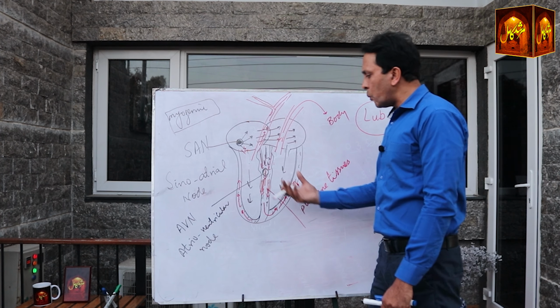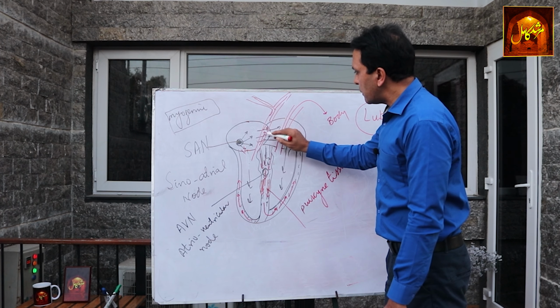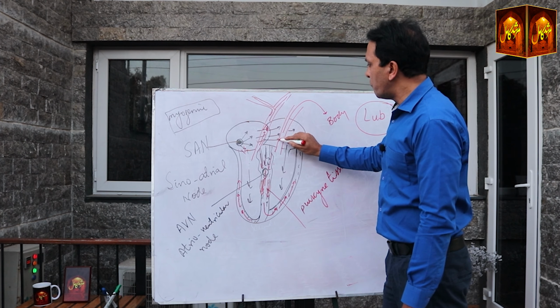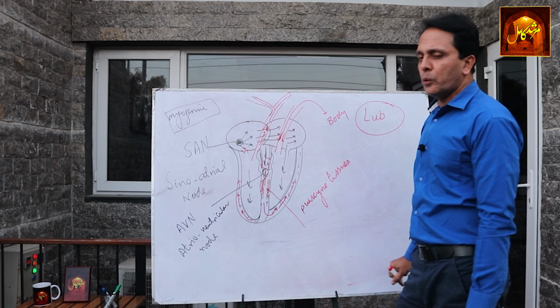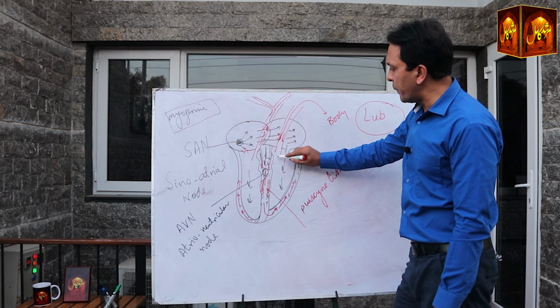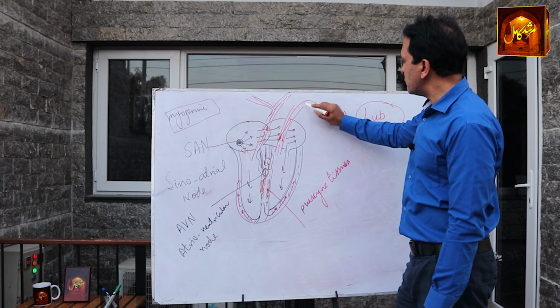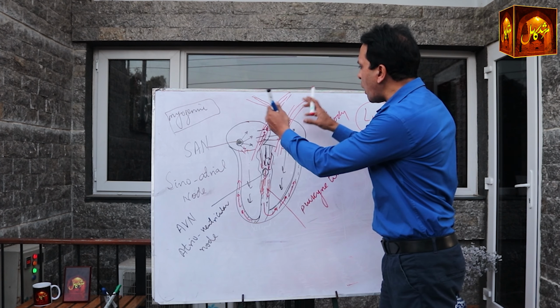Then when they contract further, both semilunar valves get open. When they get open, blood will move out of the heart.